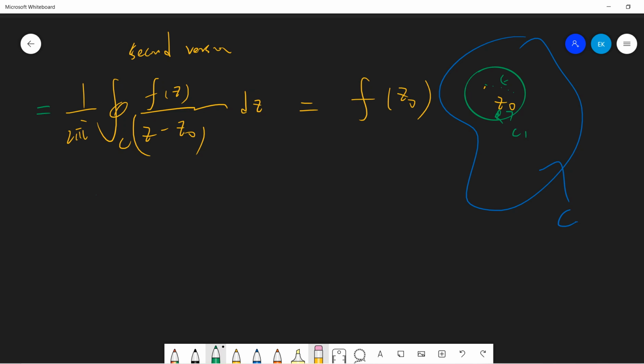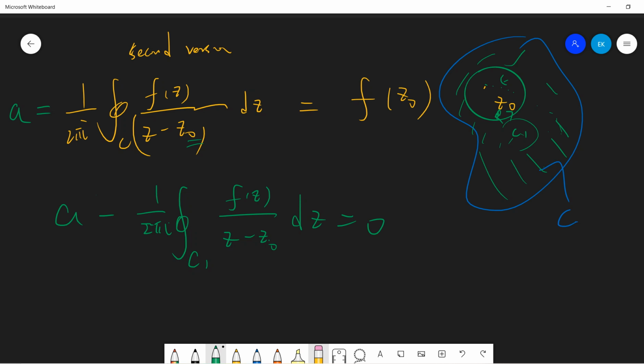Now let's say this integral is A. So A minus another 2 pi i times f of z0 over C1 will be 0, by the first theorem. Because now there are no other strange points between C1 and C, so all these regions are analytic. So from the first Cauchy integral theorem, we get 0.